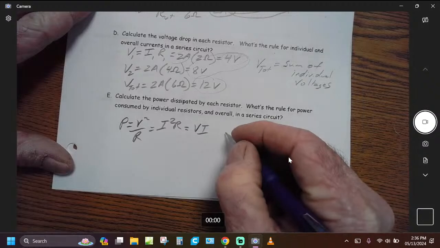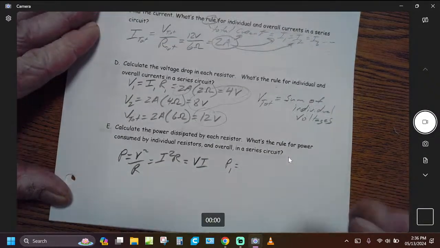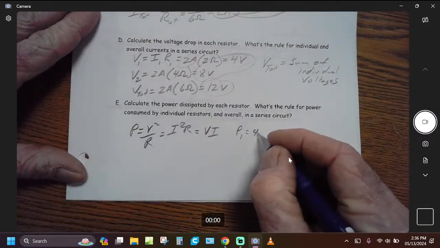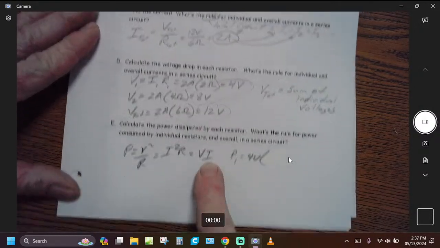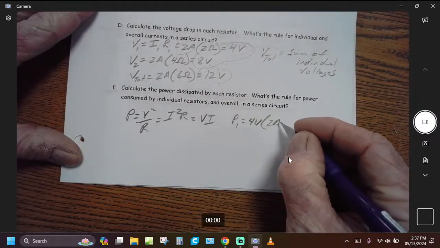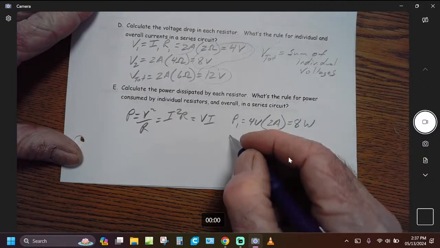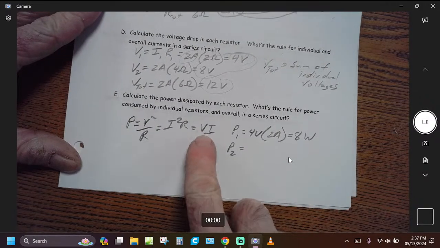But I'll just go through it. So the power for the first resistor is the voltage, and the voltage for the first resistor is 4 volts multiplied by the current, and the current through everything is 2 amps. So we get 8 watts. And the power through the second resistor is the voltage.